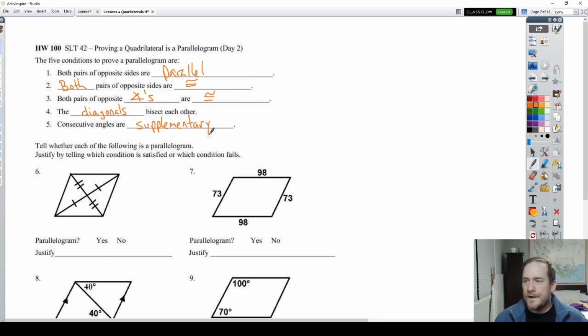Okay. So with all that in mind, is this figure a parallelogram?